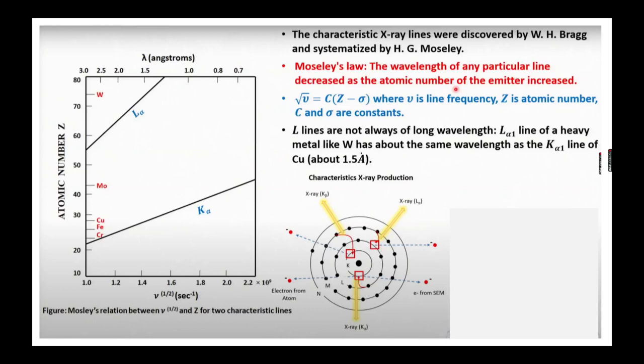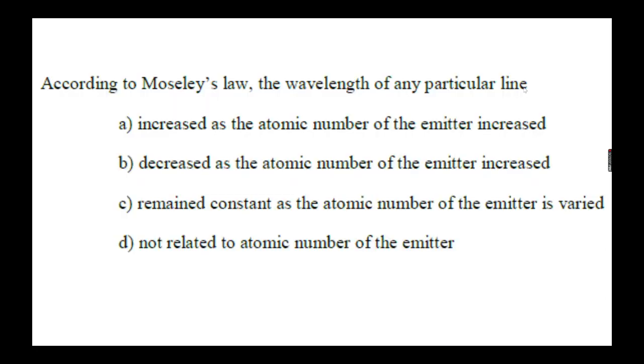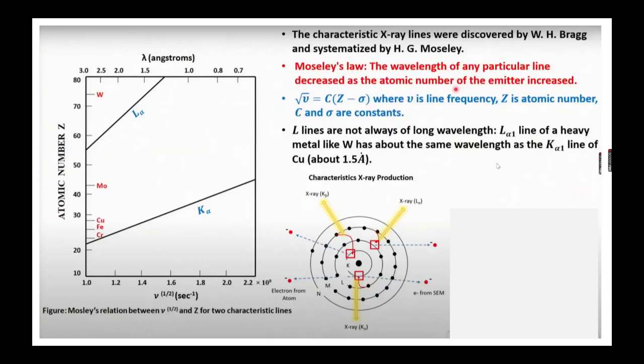So Moseley's law, here you can see in the red line, the wavelength of any particular line decreased as the atomic number of the emitter increased. So it is inversely proportional. Here you can see the atomic number is increasing, and here the wavelength is lambda.